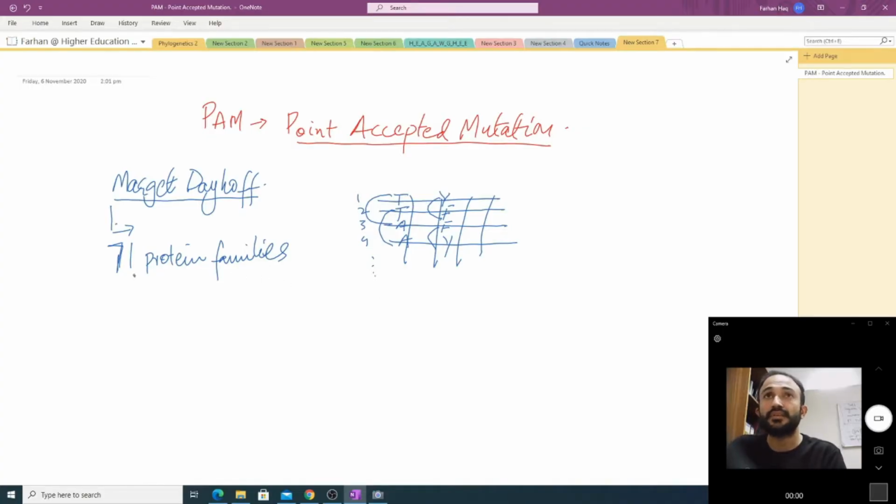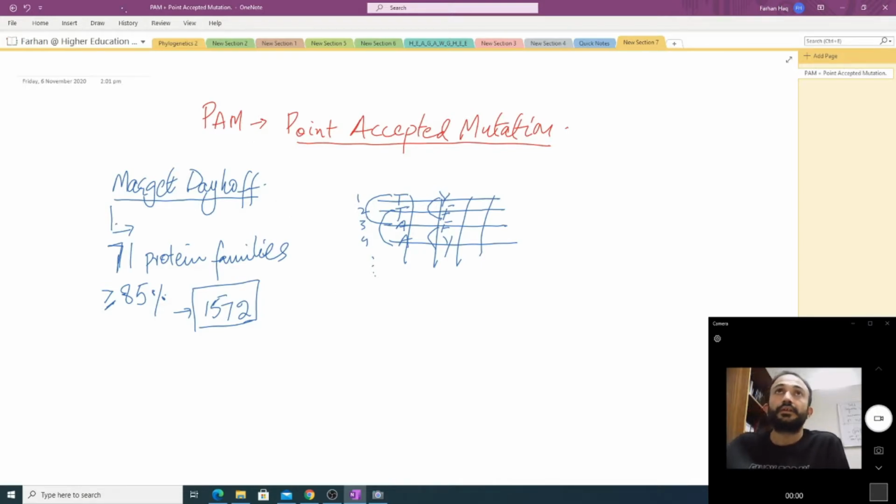The protein families she used were more than 85% similar, that is, at the sequence level they were equal to or greater than 85% similar. She identified around 1572 possible mutations, or changes at each site, using this whole information, and she generated a PAM matrix score.